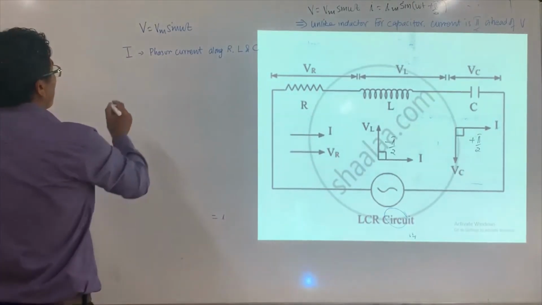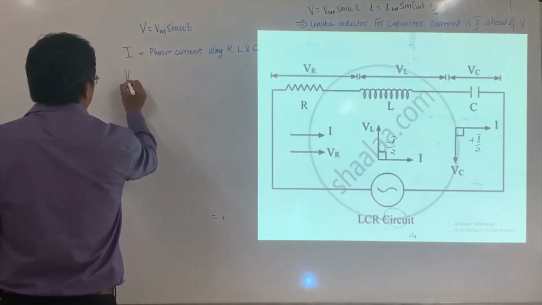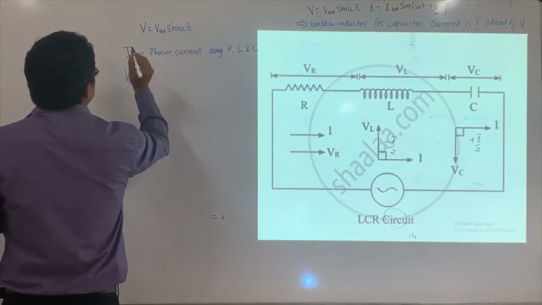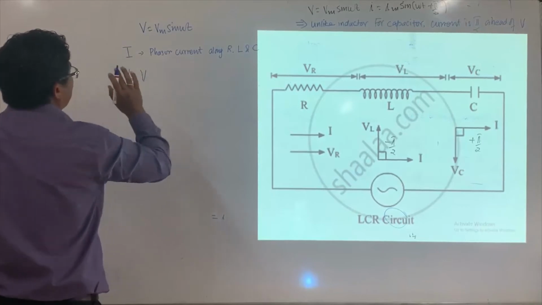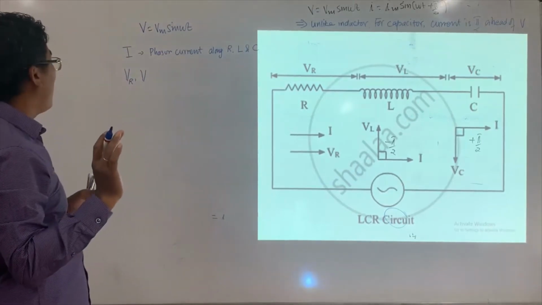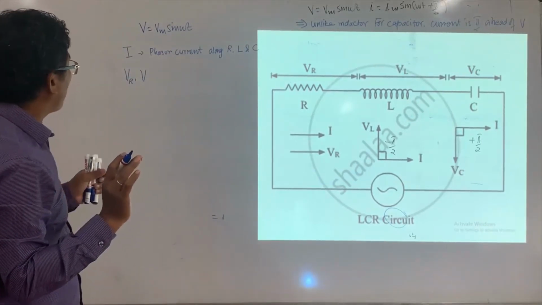And then we have VR, and these are all vectors, right? Phasor voltage, phasor current.